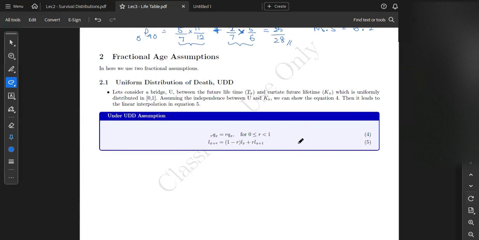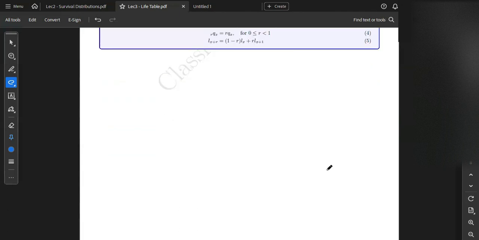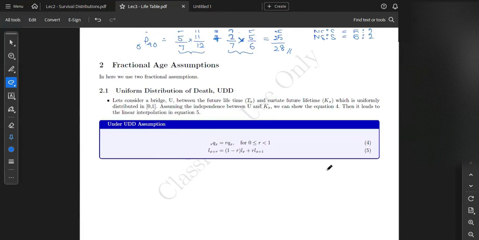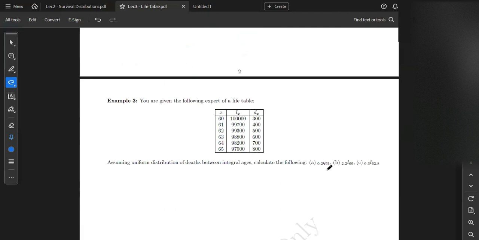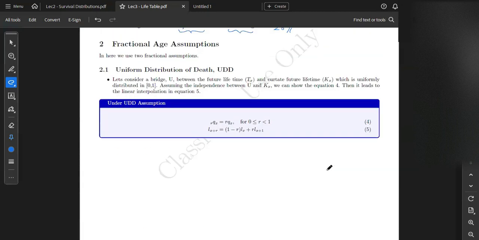So now we are moving to the next important part of this lecture: the fractional age assumption. In the beginning, I mentioned that these tables are given as annual numbers.